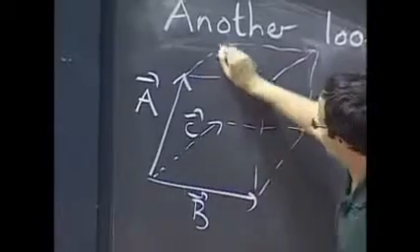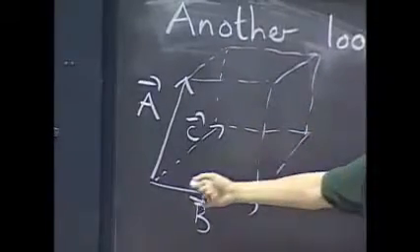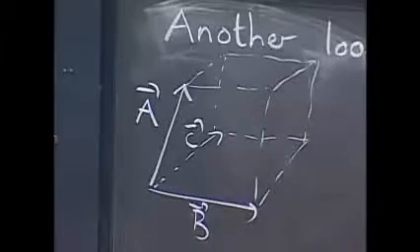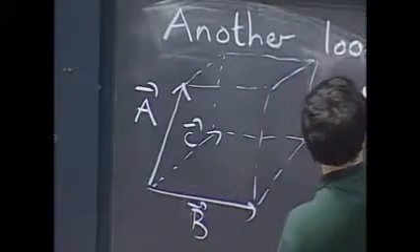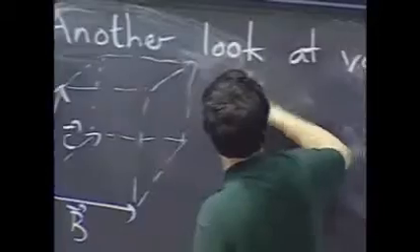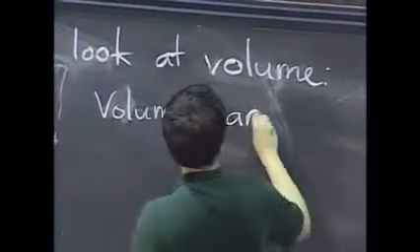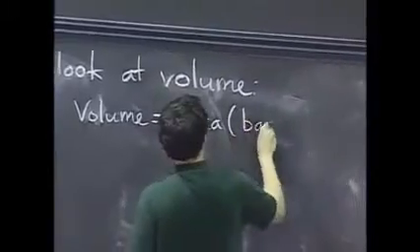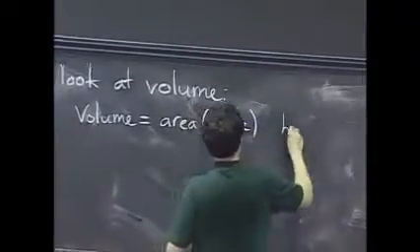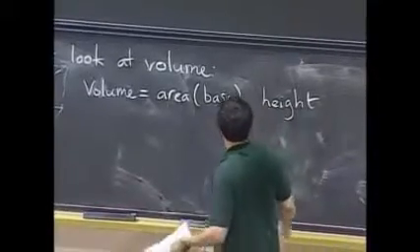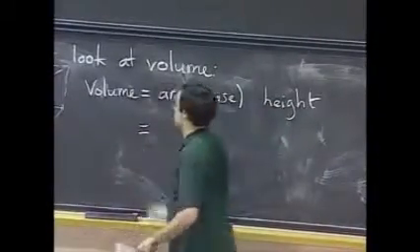So probably you know that the volume of a parallelepiped is the area of a base times the height. How do we do that in practice? Well, what's the area of a base?